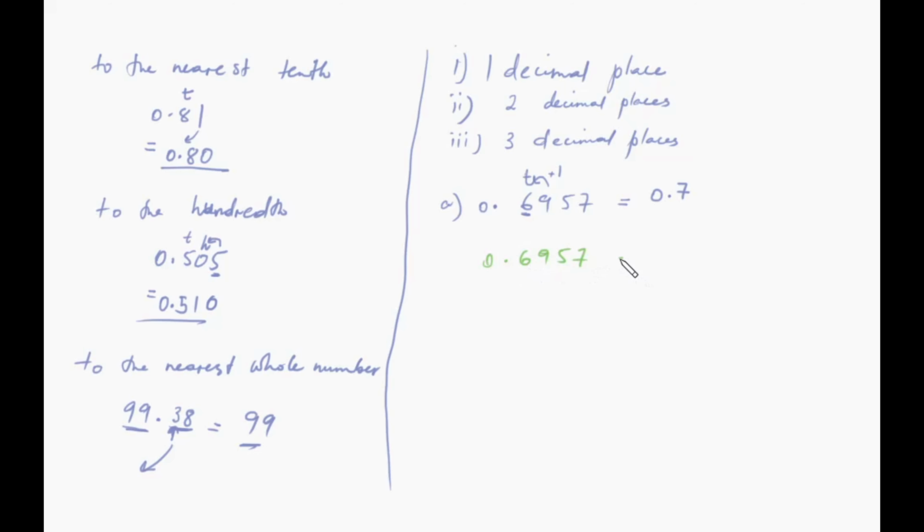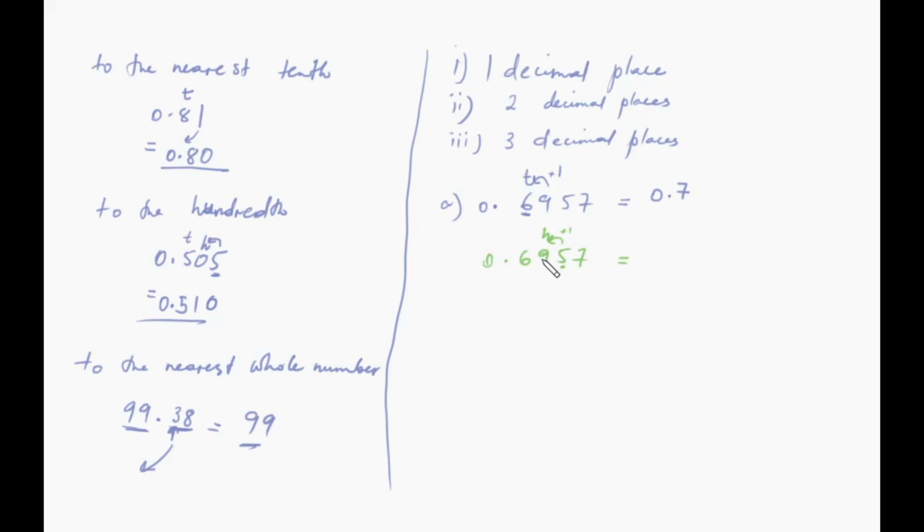0.6957 to two decimal places. 1, 2. To two decimal places would be the same as writing it to the nearest hundredth. Because the second decimal place is hundredth. The place value is hundredth. So we are going to look at this digit. Now that it's 5, we round it up as 1. We say plus 1 to this.